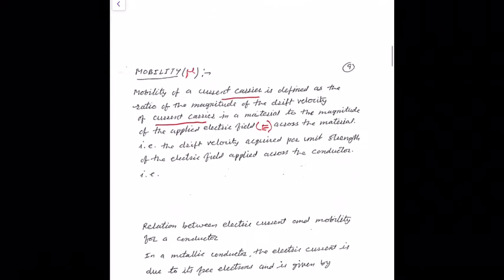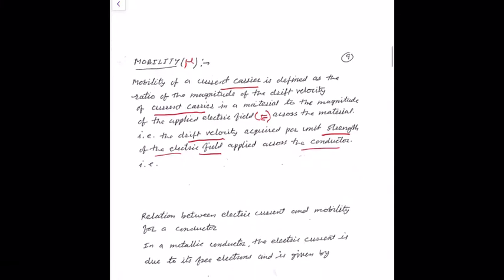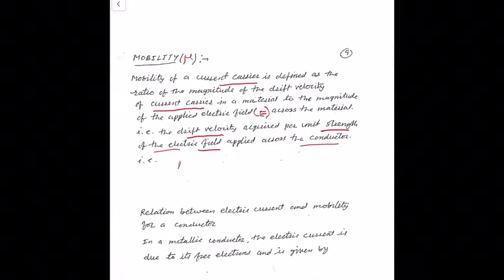That is, the drift velocity acquired per unit strength of the electric field applied across the conductor. That is, mu equal to Vd upon E.